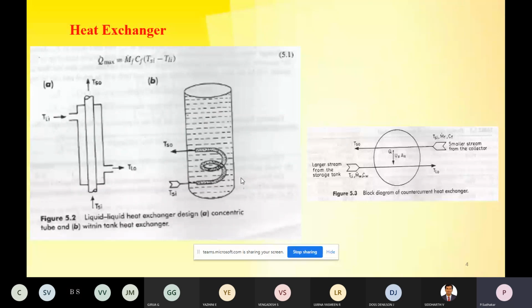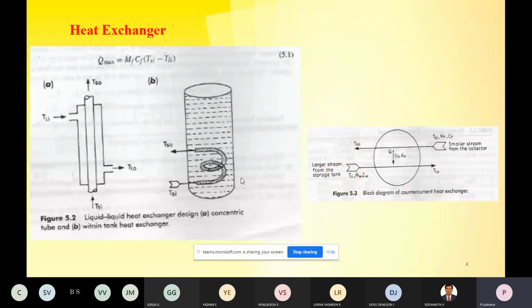If you have a large amount of salt in water, what happens? The tubes where water is flowing will be scaled, which will increase the pumping pressure, so the pumping power required will be high. For that purpose, a heat exchanger is used.